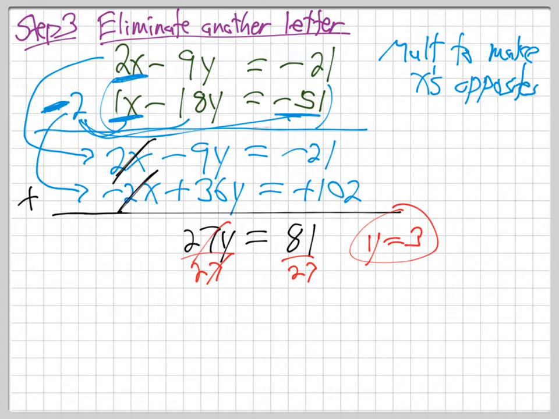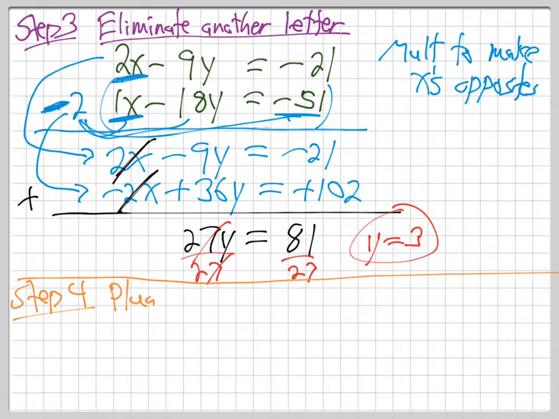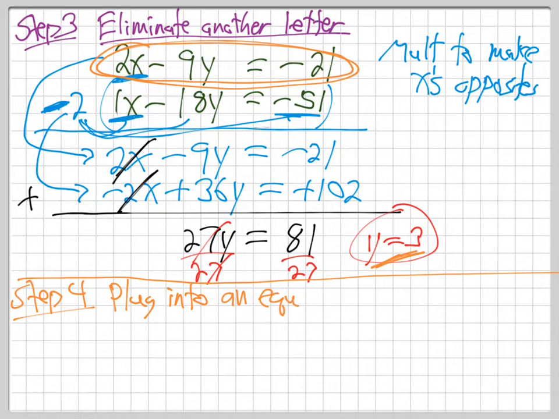Okay, so now we go to step 4. Done with step 3. Step 4, we're going to start plugging stuff in. But remember, we don't go all the way back to step 1 right now. Not yet. We only have one answer. So we just want to go back right here to where we just had 2 letters. Plug into an equation from step 3.